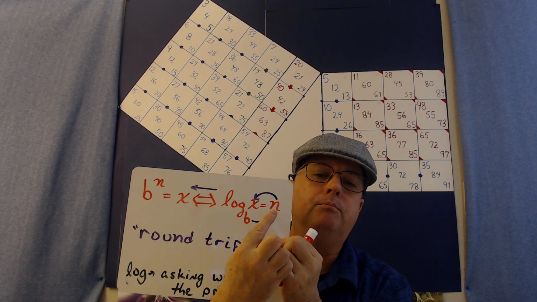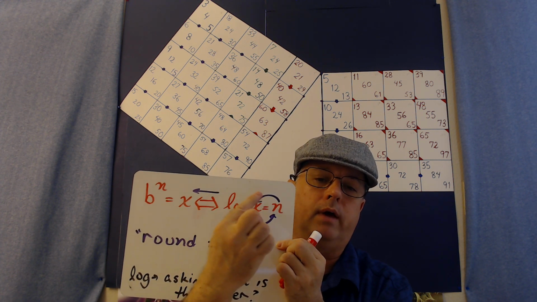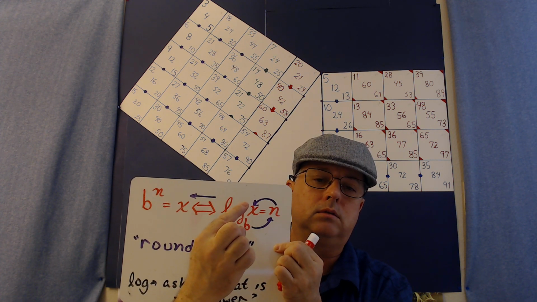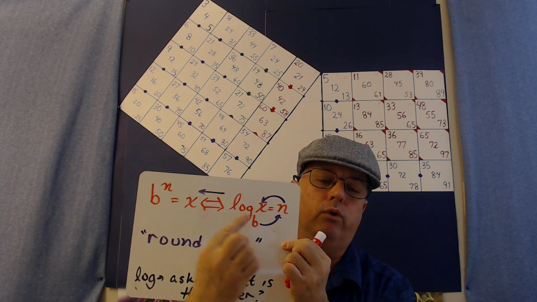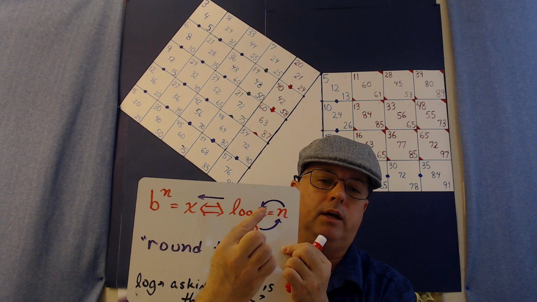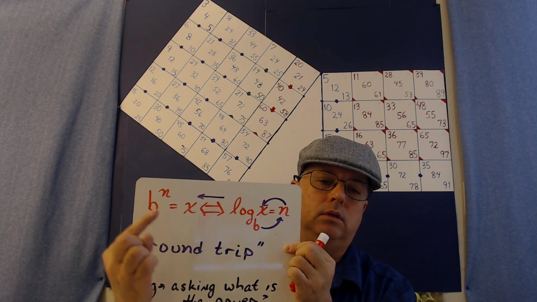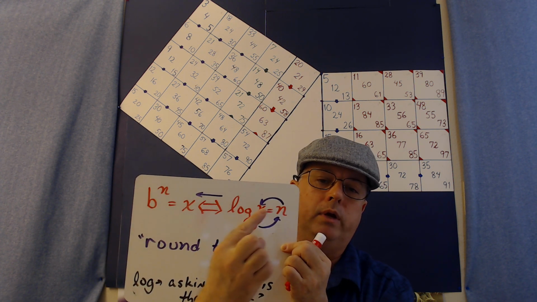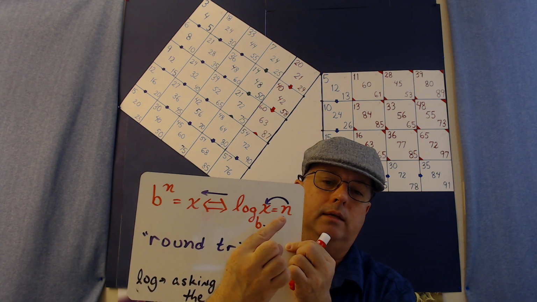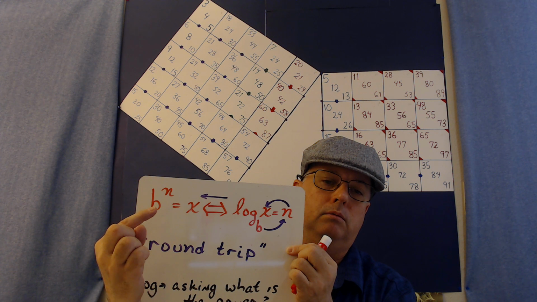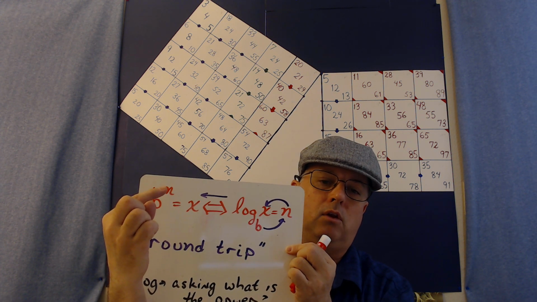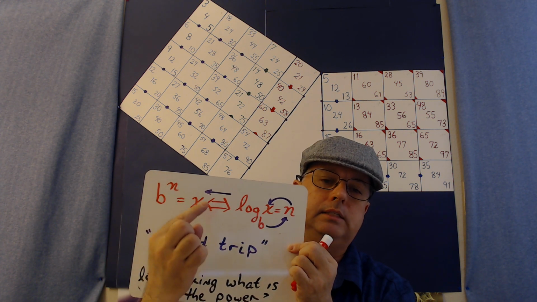And so that n power is also thought of as the log base b of x. So instead of raising it to the n power, we could raise it to the log base b of x power. Just imagine that instead of n here, we substitute what n is equal to, log base b of x. And now this would read b raised to the log base b of x is x.